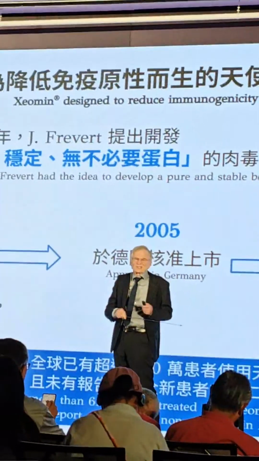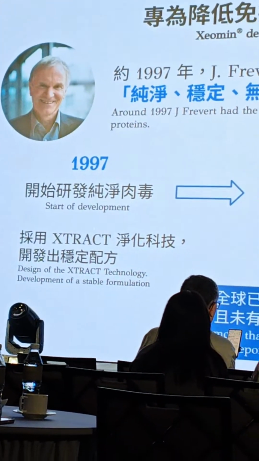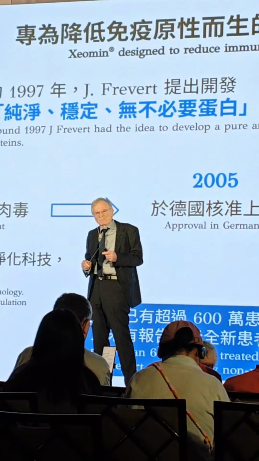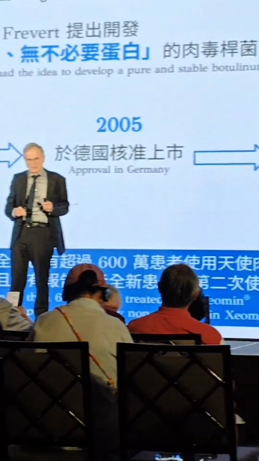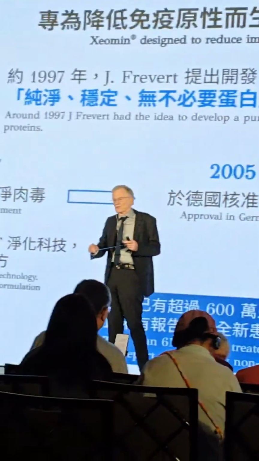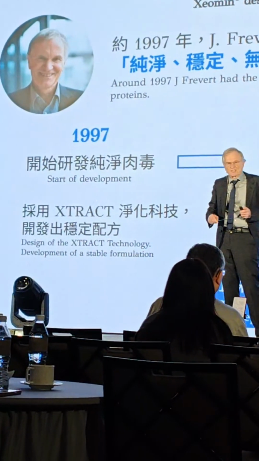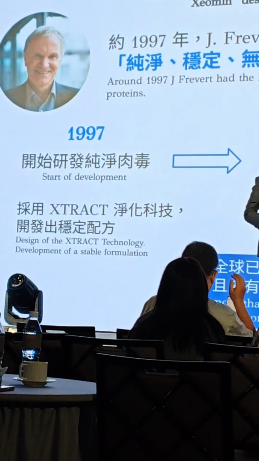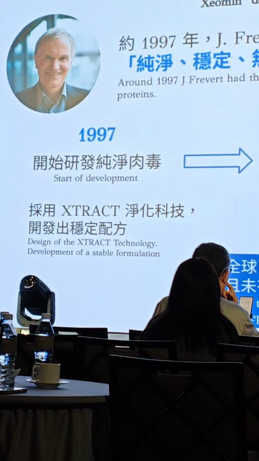So we started with the development of the pure neurotoxin around 1997, and I had the idea that it must be possible to develop a stable product just based on the core neurotoxin. And it took a couple of years until 2005. The botulinum toxin product Xeomin was approved for the European market.